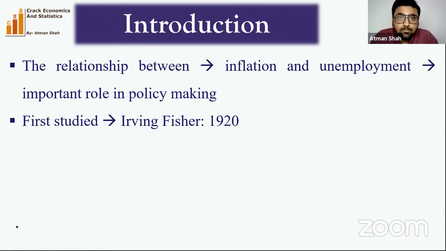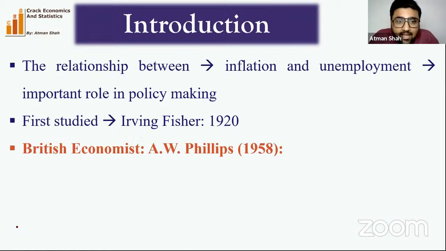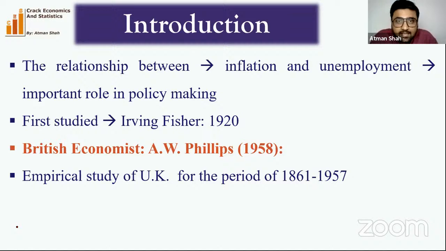The relationship between these two variables was first studied by Irving Fisher in 1920, and then it was further developed by British economist A.W. Phillips in his article published in 1958.